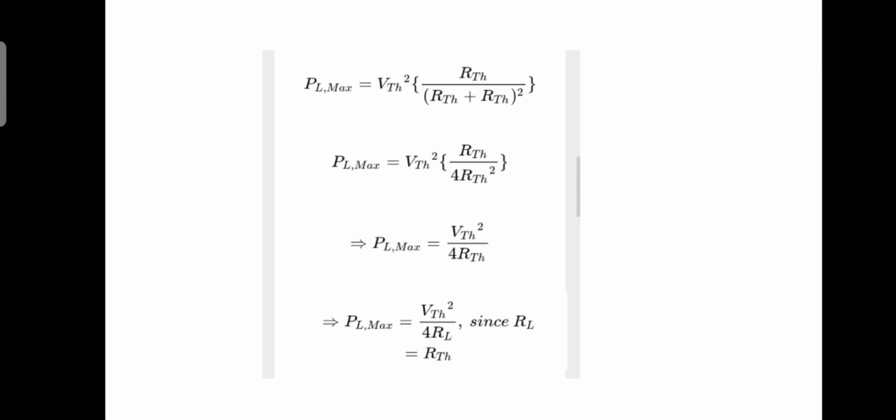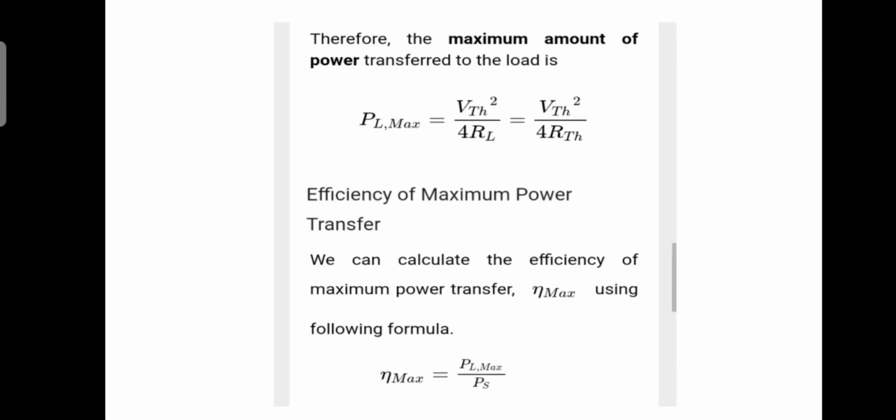PL max equal to Vth square by 4 Rth. PL max equal to Vth square by 4 RL since RL equal to Rth. Therefore, the maximum amount of power transferred to the load is PL max equal to Vth square by 4 RL, equal to Vth square by 4 Rth, because RL equal to Rth.